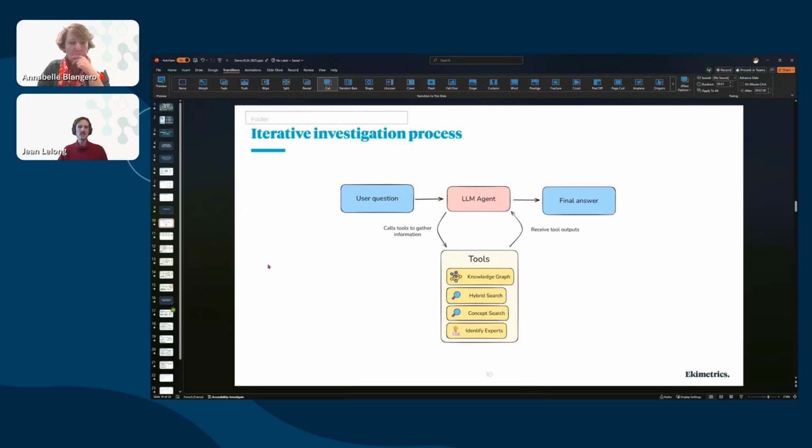We made an LLM agent with access to several tools, with a knowledge graph tool to interact directly with the knowledge graph, but also two other tools, and I will detail each one of them next, to find entry points into the graph, and then a fourth one, more complex, that we hard-coded with some rules to identify experts in the graph.